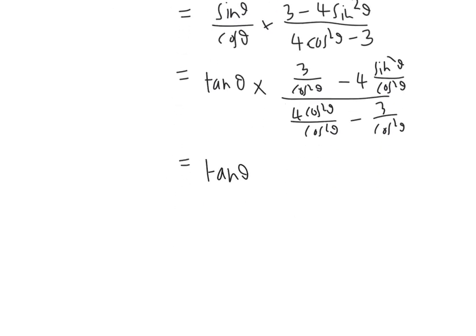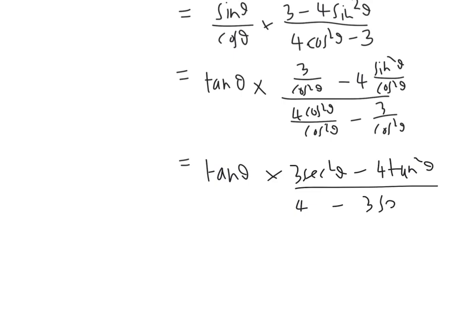Well, I end up with, on the numerator, 1 over cos squared is the same as sec squared. And then that's sine squared over cos squared is tan squared. On the denominator, cos squared over cos squared is 1, so we end up with just 4. Minus 3 over cos squared again is 3 sec squared theta.